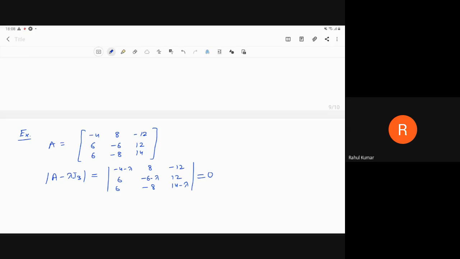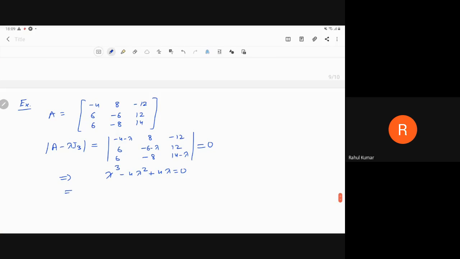This time you will get a cubic equation in lambda. See what is that equation. I'm writing it here. You need to verify it. It is lambda power 3 minus 4 lambda square plus 4 lambda equal to 0. It is clear that lambda is common: lambda times lambda square minus 4 lambda plus 4.